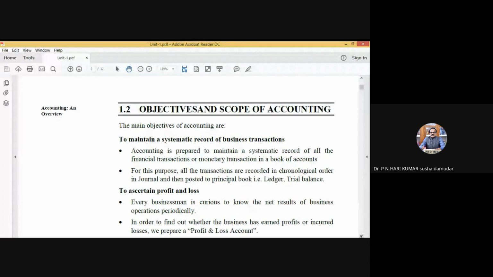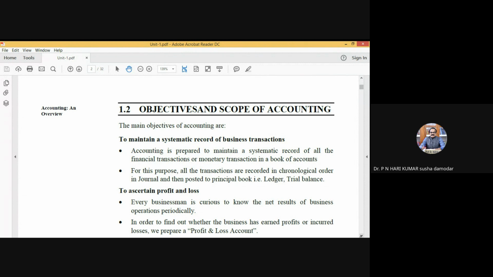We classify such transactions, record them, summarize them, and interpret them, and for that purpose, we maintain a systematic record of business transactions. Different types of books of account are to be kept by the manager for dealing with such transactions. So that is why the first objective is to maintain a systematic record of business transactions.